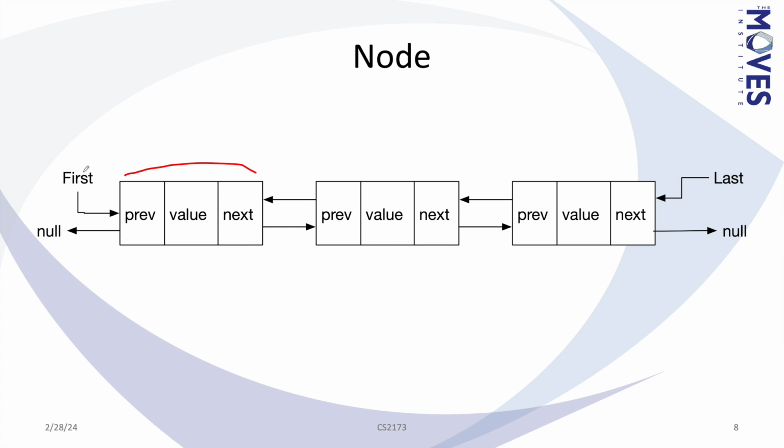In addition, you have a reference to the first one and a reference to the last one. The previous one of the first one is null, and the next one after the last one is going to be null. So when you start off, everything is null.